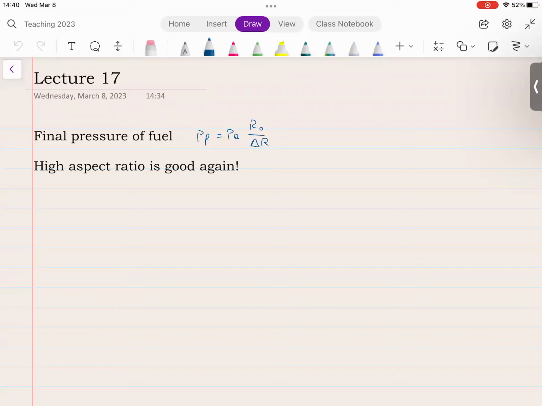We are trying to compress the fuel and get it to high pressure, so that's a good thing. But again, we will not discuss instabilities, but that's what's really limiting the aspect ratio.